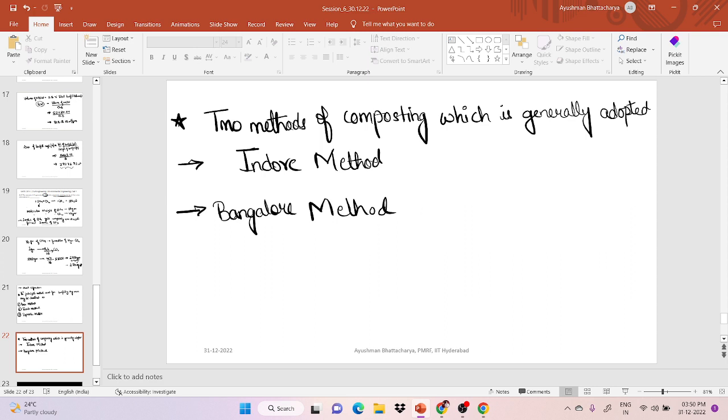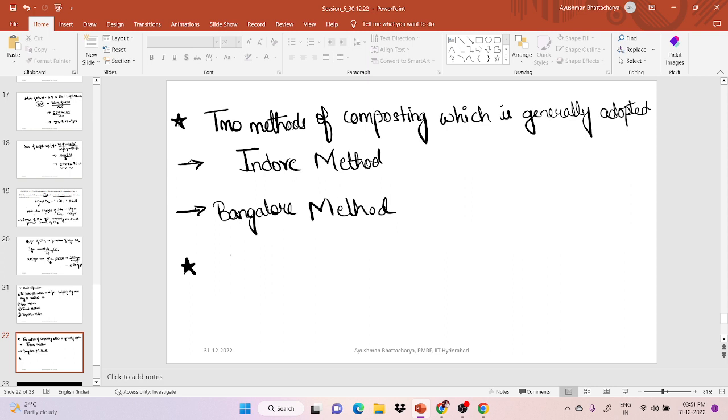Apart from this, there are a few important things, like the different types of waste, the classification of different types of waste.